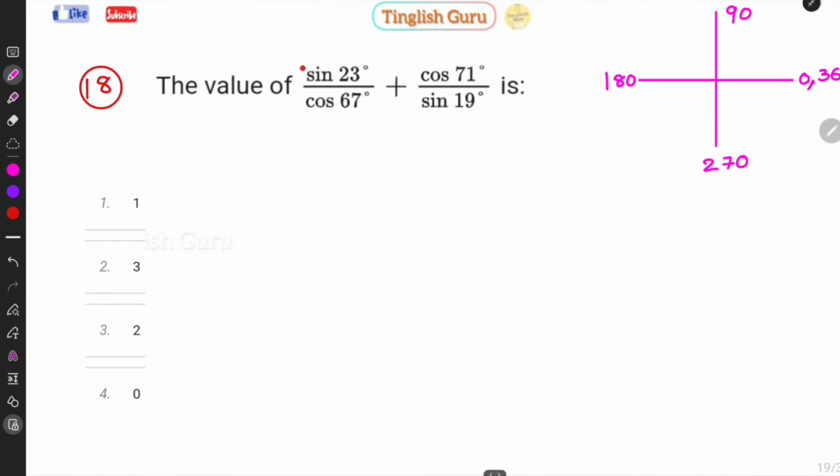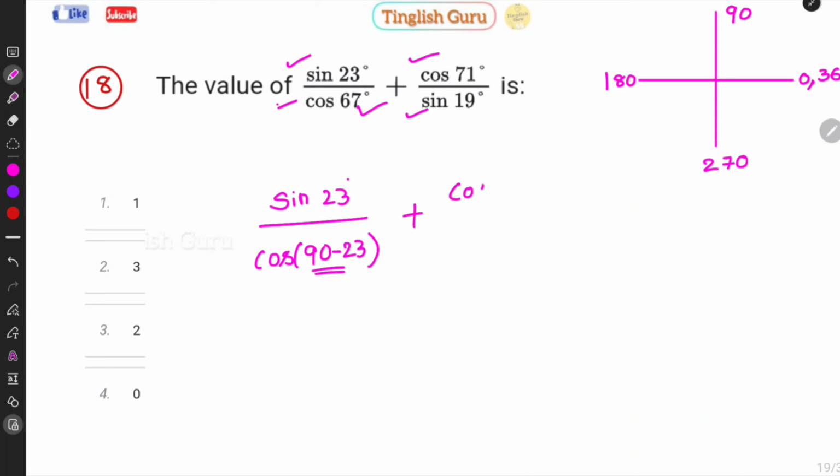Here it is a trigonometry bit. It is given sin 23 divided by cos 67 and cos 71 divided by sin 19. So we can write sin and cos like this: sin 23 divided by cos of 90 minus 23. See, 90 minus 23 is nothing but 67.